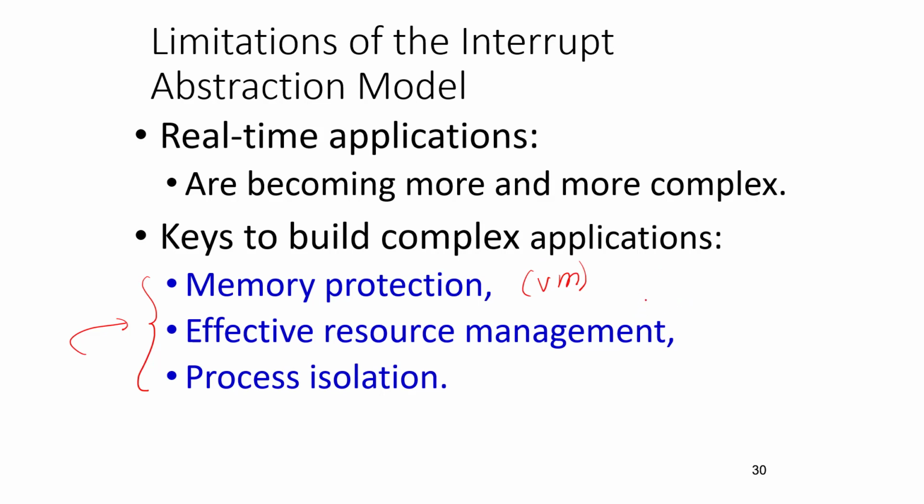Effective resource management would require at least the implementation of PCP like protocols on Linux. And furthermore, for process isolation, that becomes a problem if you don't have virtual memory. So we'll then have to have some other mechanism, again, something either similar to virtual memory or similar to a hypervisor, a regular virtual machine monitor, to ensure that we have proper process isolation.